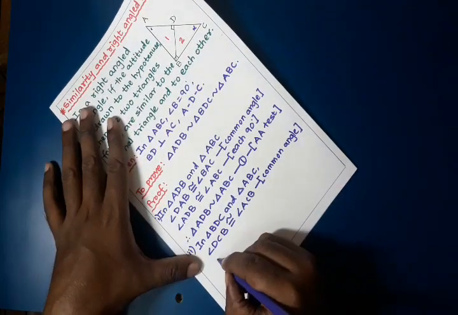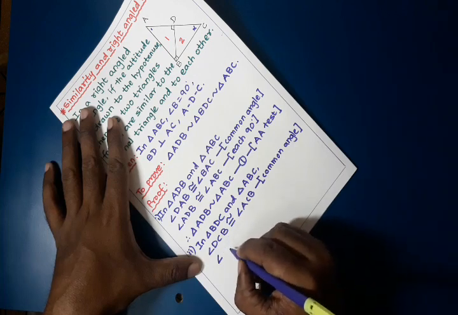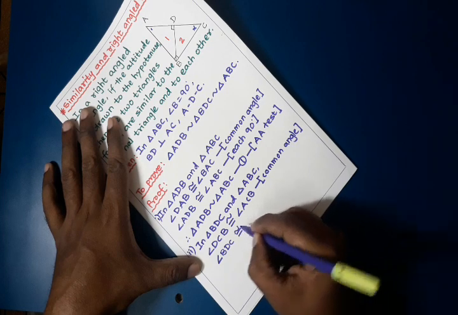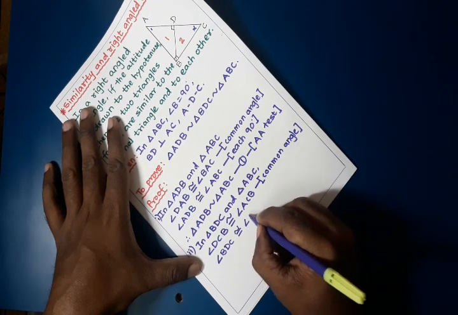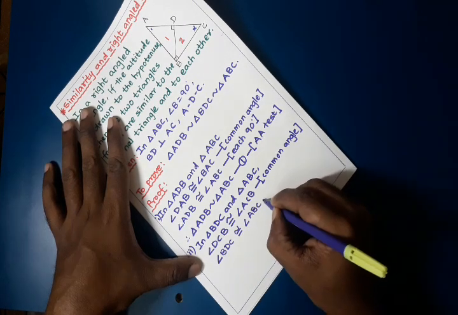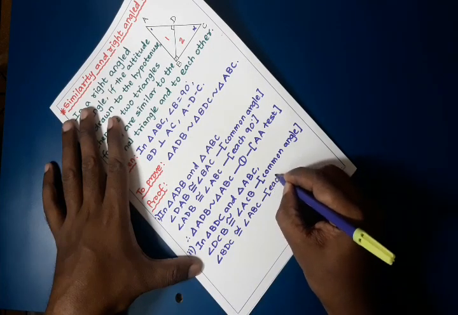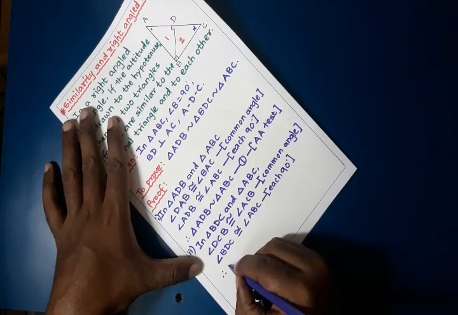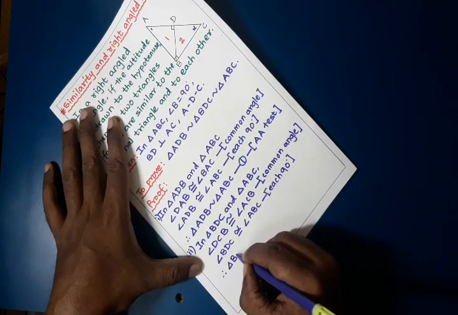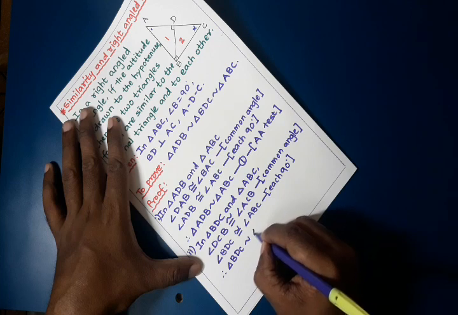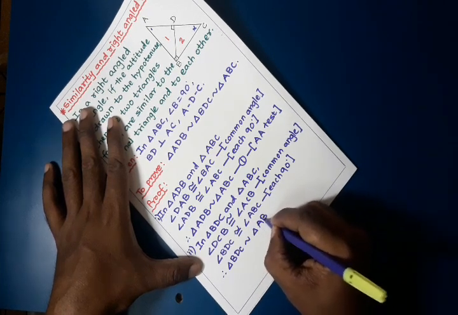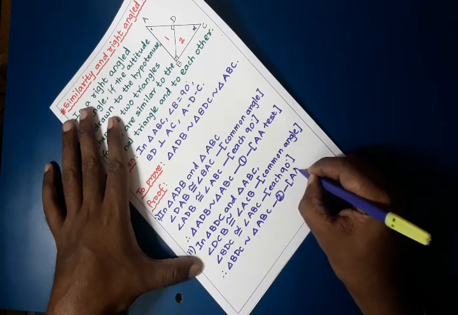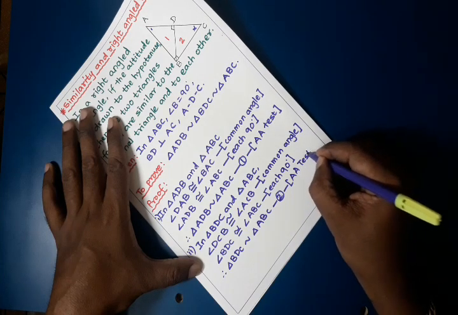And angle BDC itself is 90 degree, so it is congruent with angle ABC. Again the reason is each 90 degree, and therefore triangle BDC is similar to triangle ABC. Again the reason is the same, AA test of similarity.